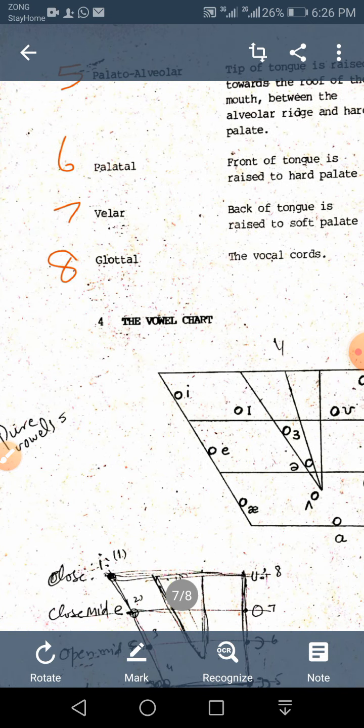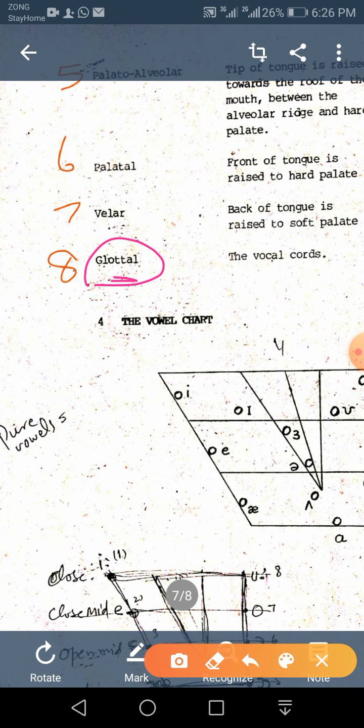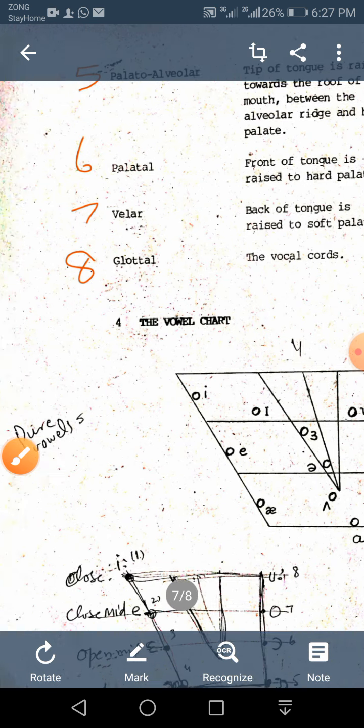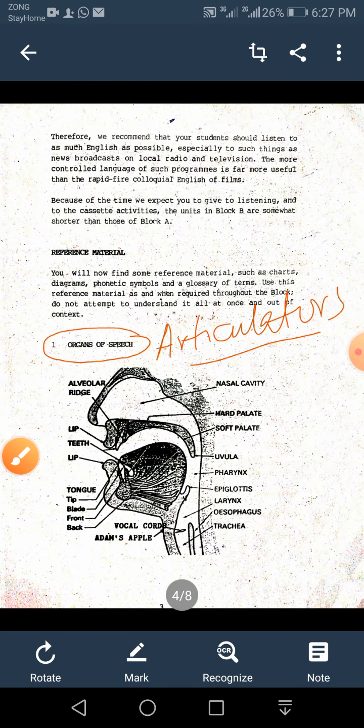The last one is a glottal sound, and it is not produced anywhere above the pharynx. It is just in the neck, or we can say in the throat. In the throat we have the vocal cords. Let me take you back to the picture here.